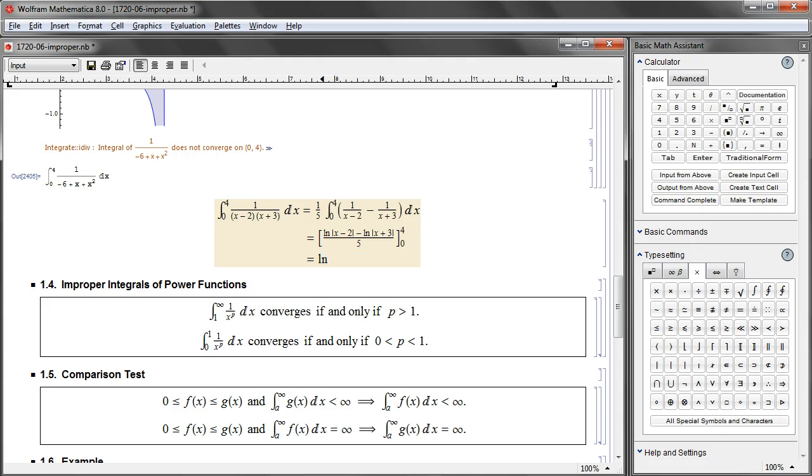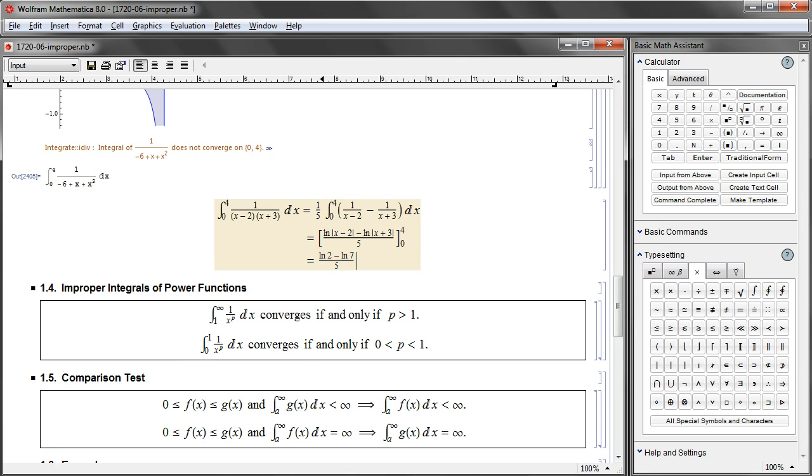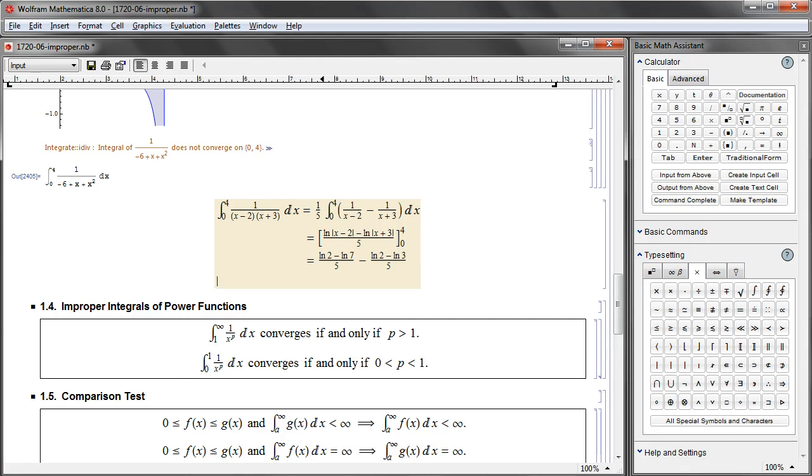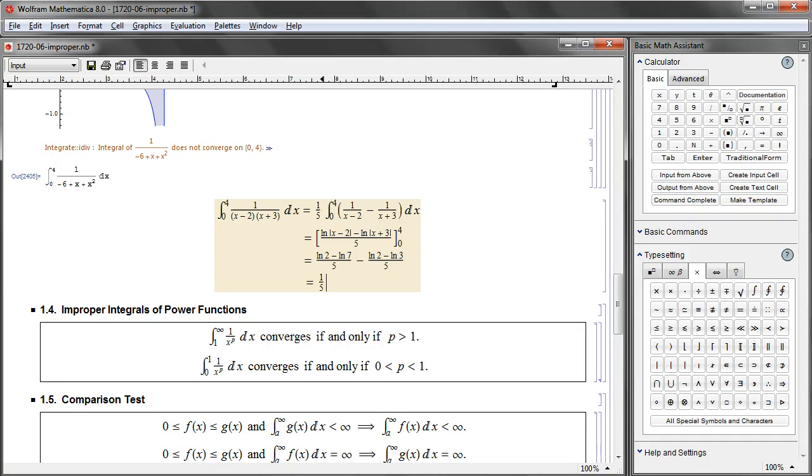Log of 4 minus 2, 2, minus plug in 4, log of 7 over 5, and then minus plug in 0, so log of 2, minus plug in 0, log of 3 over 5, and then conclude that this is the integral value after simplification. Let's see, 1/5 log of 3 minus log of 7, isn't it?